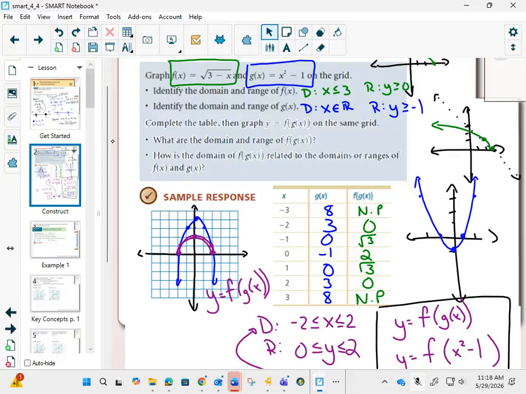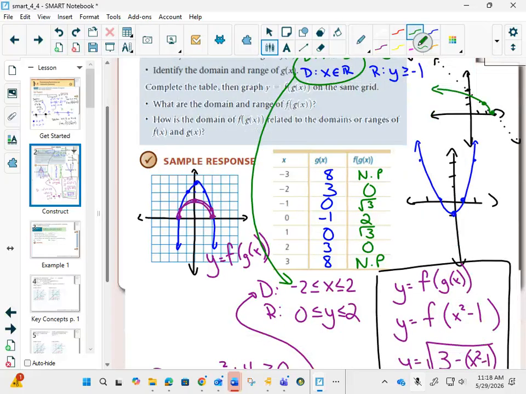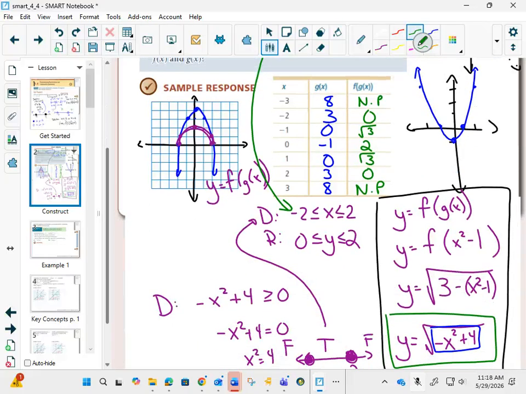There is no way I could look at this green and blue domain and say, oh, I know that it's this. It's not very helpful whatsoever. So the algebra is going to be the most helpful thing. We're going to do the algebra and figure out the explicit equation of the composition. Once we have that, we can use skills from our other units to find the domain and range.